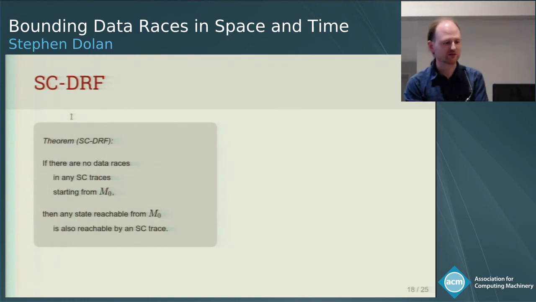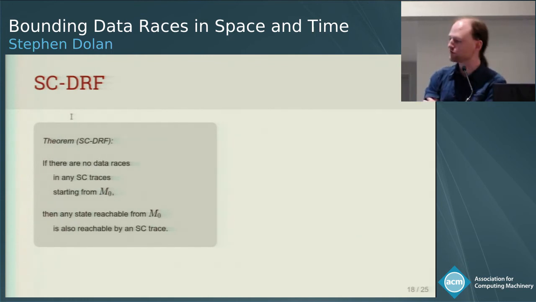A particularly important detail is no data races in any SC traces. In order to determine that our program doesn't have data races, we don't need to understand all of the memory model. We only need to think about the sequentially consistent things it could do. This is the standard statement of SC-DRF, and this is the thing that we want to generalize, that we want to describe a local version of.